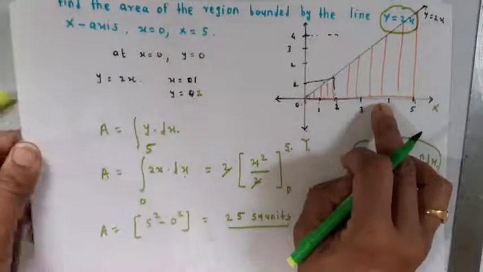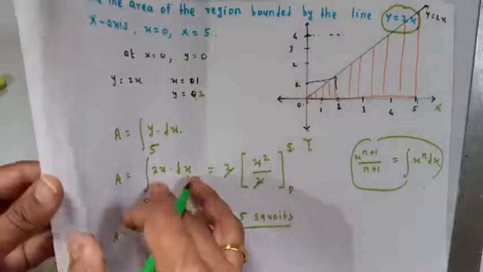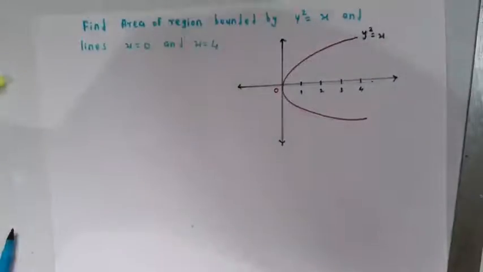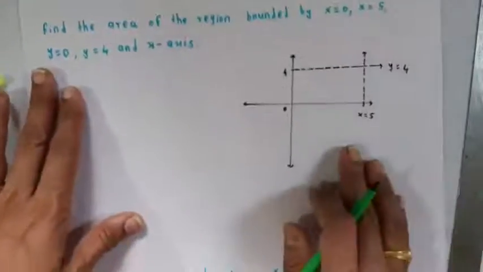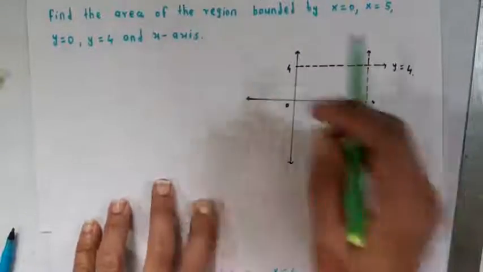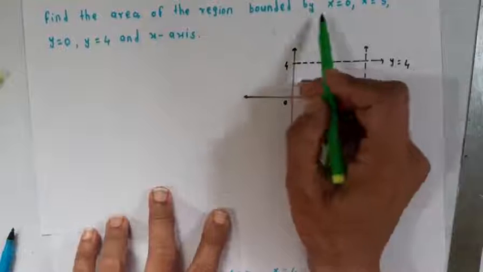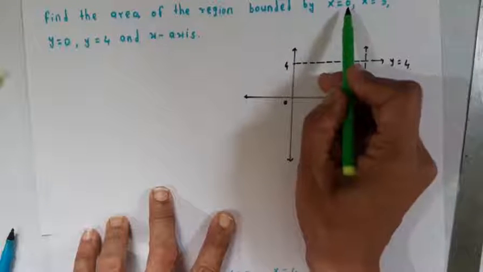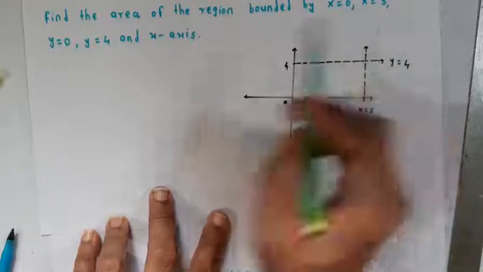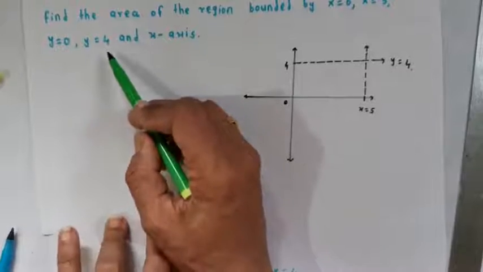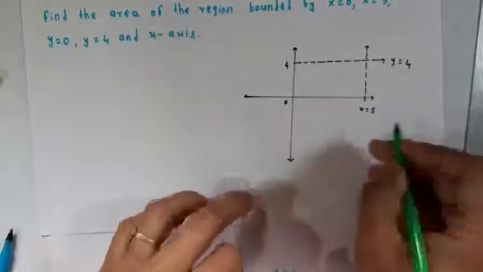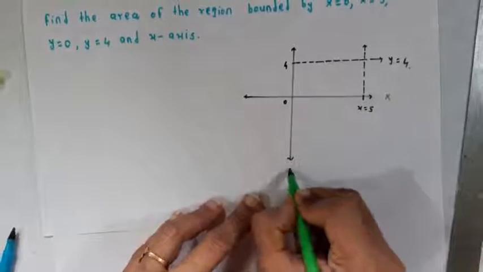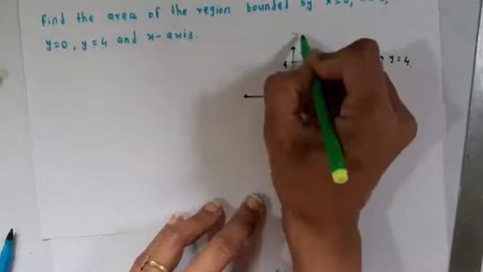Now the next problem is: find the area of the region bounded by x equal to 0, x equal to 5, y equal to 0, y equal to 4 and the x-axis. Suppose this is the x-axis, this is the y-axis.